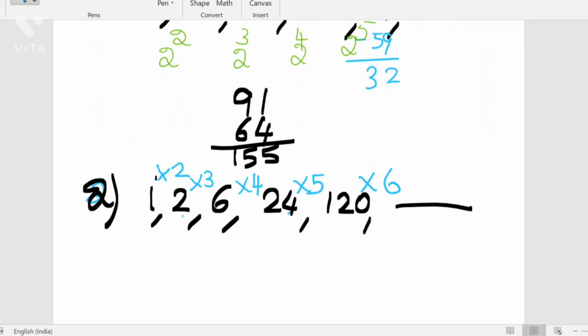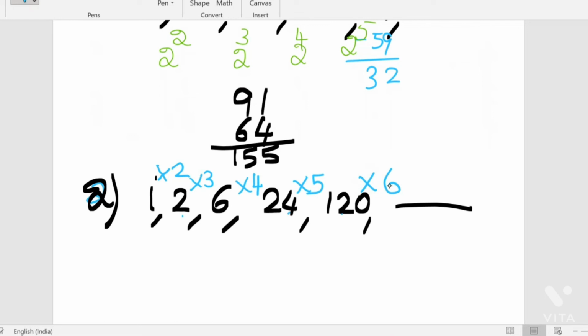So once again, I'll repeat. Here it is a pattern in which multiplication is followed: the given number into 2, the next number into 3, the next into 4, into 5, into 6.